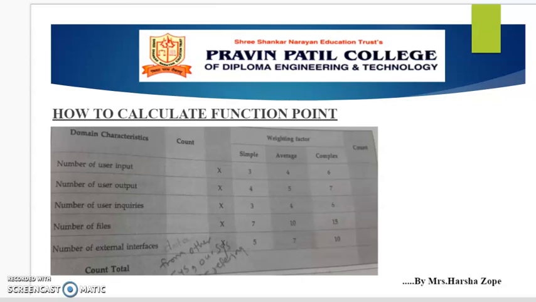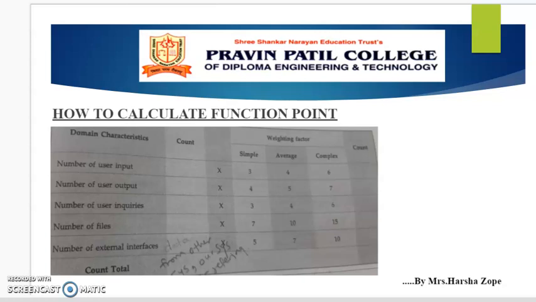The next is the number of files. Each logical master file, that is a logical grouping of data that may be part of a database or a separate file, is counted. The number of external interfaces is found out. That is, all machine-readable interfaces that are used to transmit information to another system are counted.